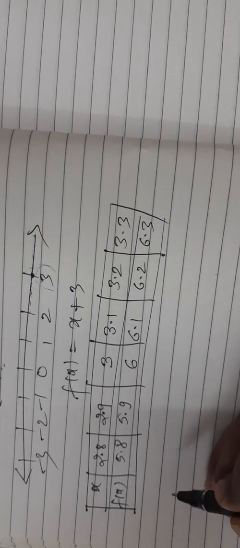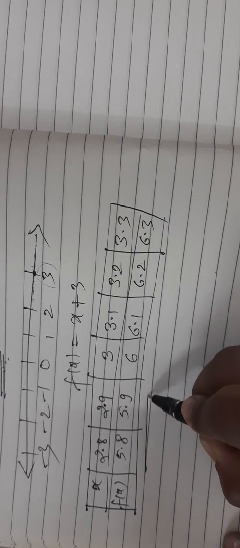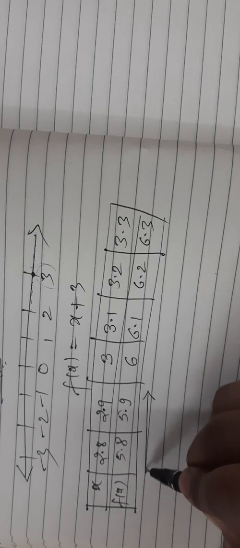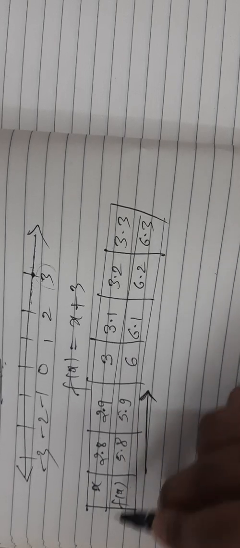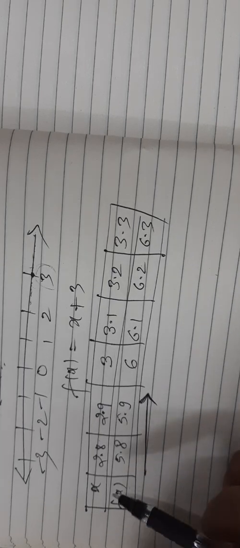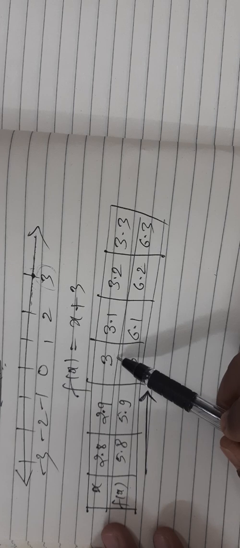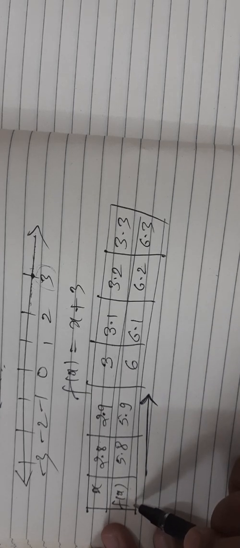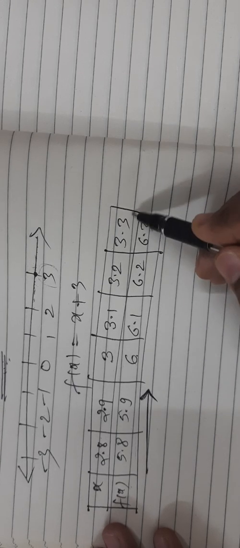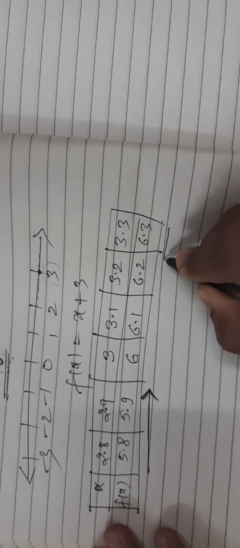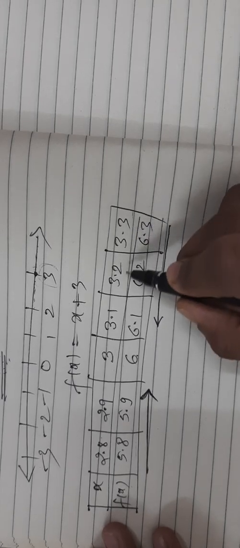When you observe, you'll find that when the value of x is moving towards 3, when x is approaching 3, then the value of the function is also approaching 6. And from this side also x is approaching 3: here x is 3.3, then 3.2.